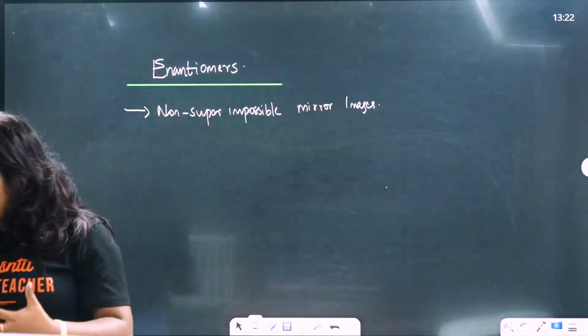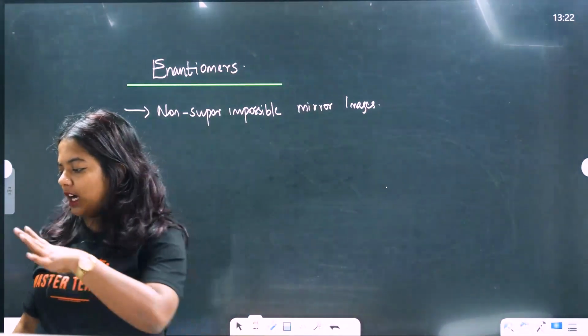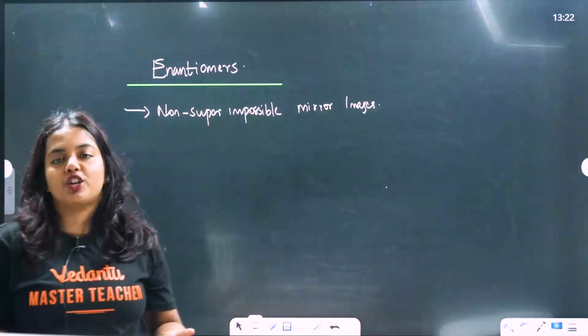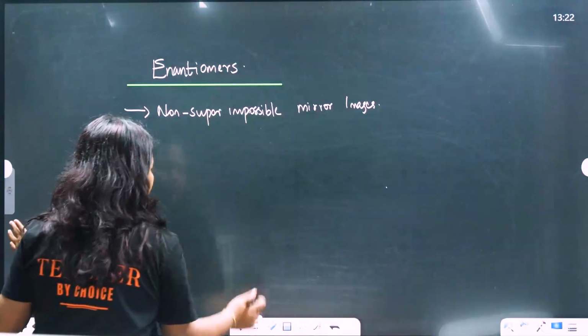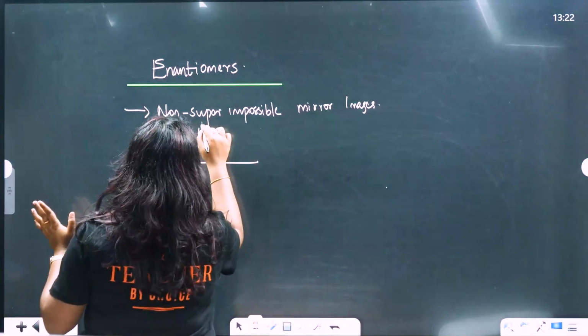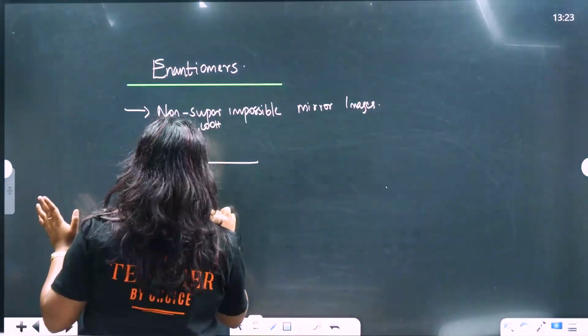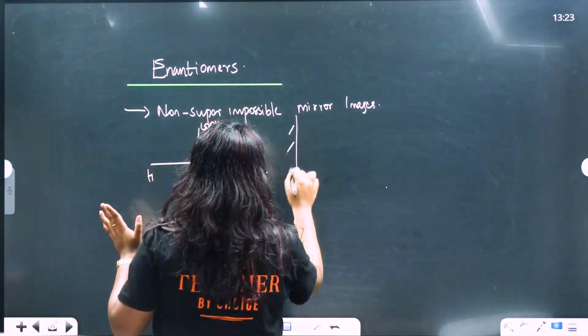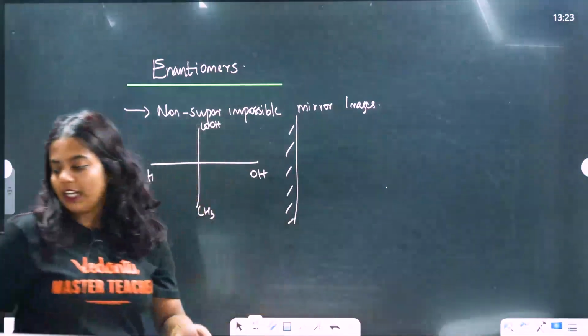Ma'am, how do we find enantiomers? How do we find diastereomers or enantiomers? First of all, let me tell you one thing. Non-superimposable means, if it is CH2OH, it was CH3, if it is H, if it is OH, this is a mirror, so it will be reversed, right? So COOH and CH3 go to that side, OH goes to that side, and hydrogen comes to this side.